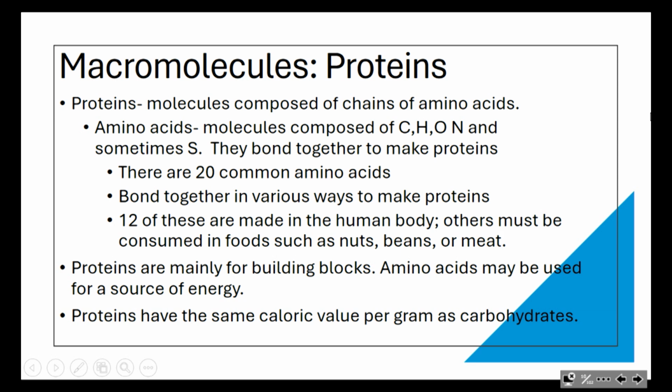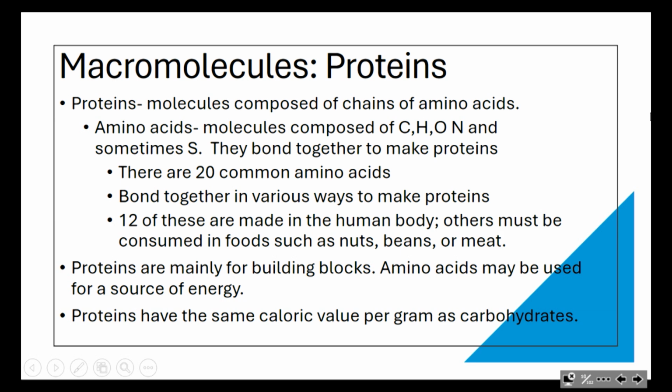Okay? So when we're talking about amino acids, there are 20 types of amino acids. Okay? And they can come together in different ways to make a lot of different types of proteins. So when it's coming for amino acids, you have 2 types of amino acids. You can have essential amino acids or non-essential amino acids. And what we're talking about, if you know what the word essential means, that you have to have it, right?